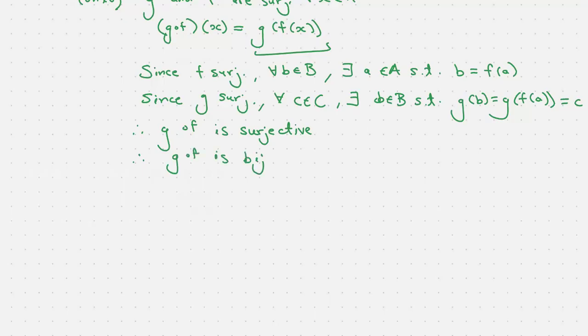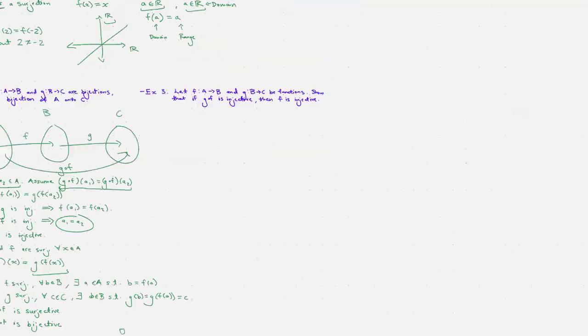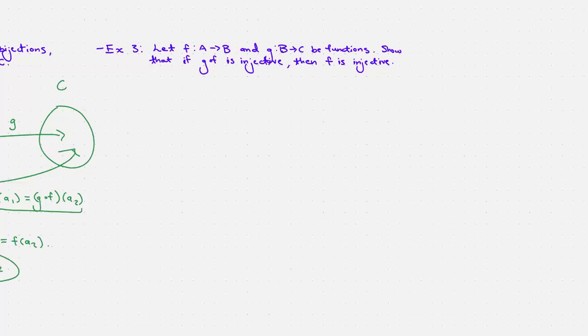Okay, and now for our final problem. So now we have two functions, f and g, where f maps from A to B, and then g maps from B to C. So we're going to show that if g composed with f is injective, then f is injective.